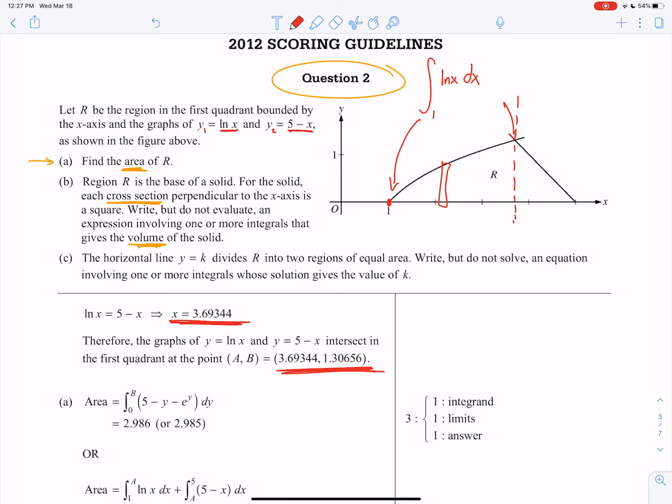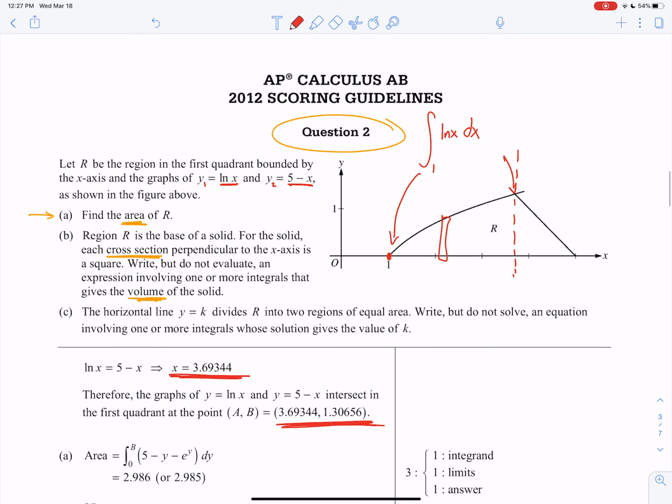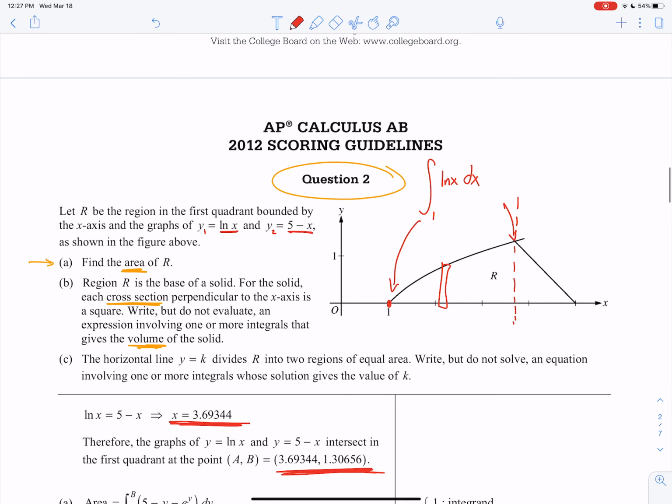I'll leave that up to you guys. So here, I'll just call this from 0 to 3.69344. That would just give you the area from 1 all the way to about that dotted line. So everything in purple right there.